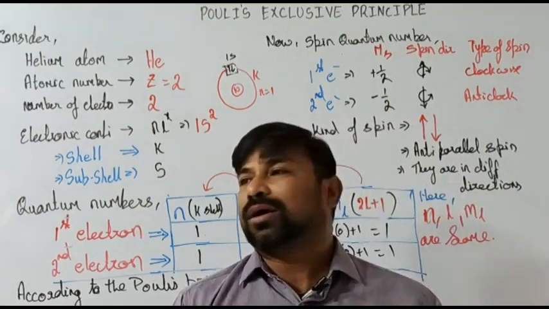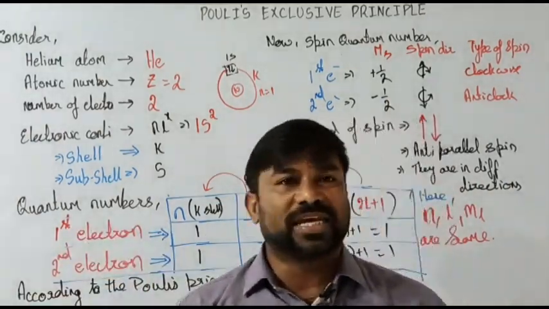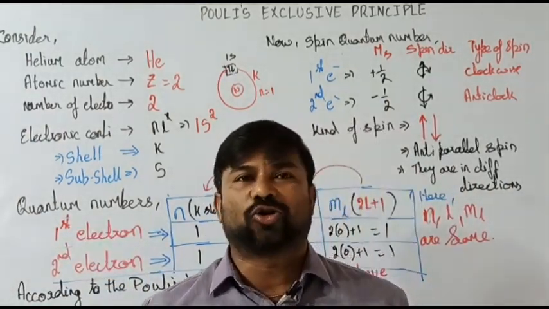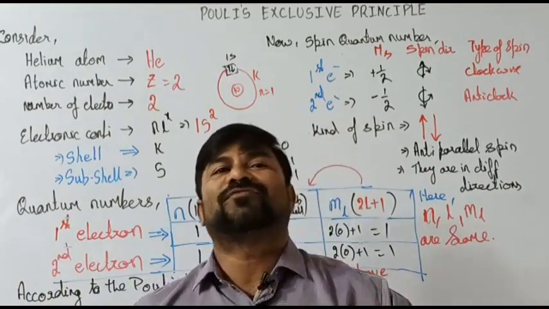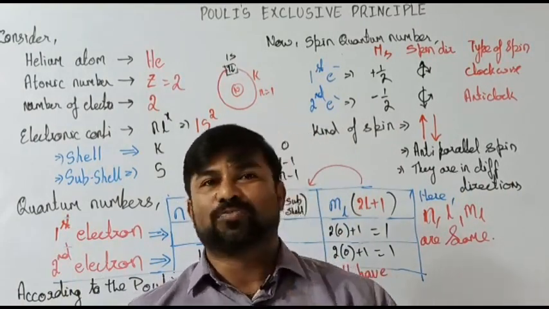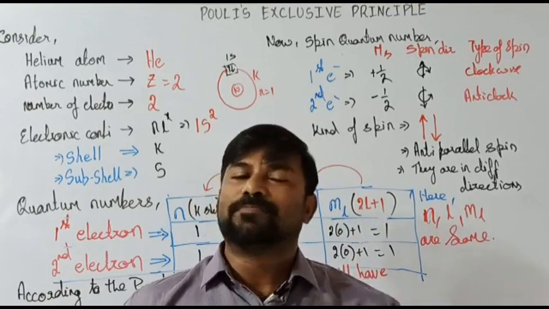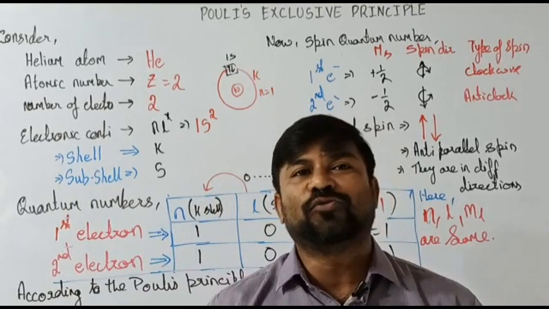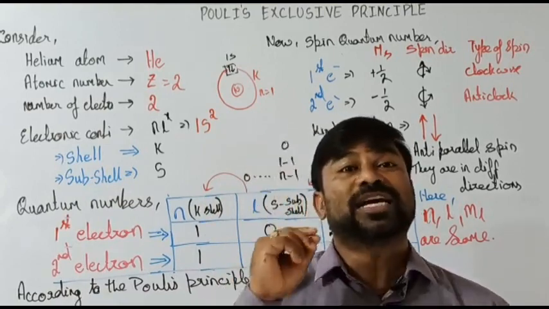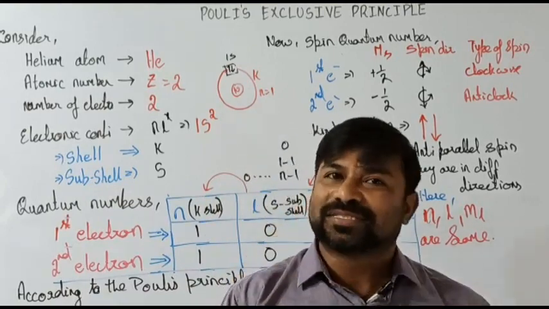This is what Pauli's exclusion principle says: whatever electrons are present in the same atom, at least one of the quantum numbers will be mismatched. All four quantum numbers won't be the same for any two electrons in an atom. This is the proof explained by Mr. Pauli. Of course, it has certain defects.